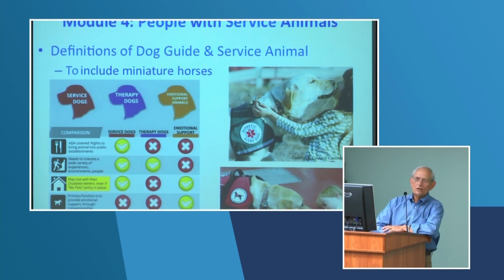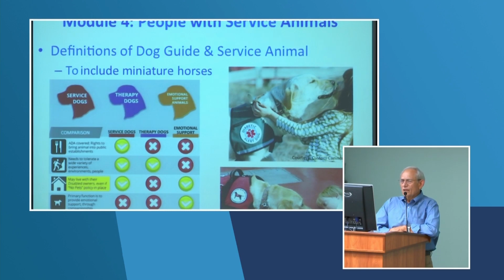And things that are covered under the ADA, under Title II and Title III of the ADA, means that you have to provide access to public transportation. It includes ambulances for the service animal, the service dog.